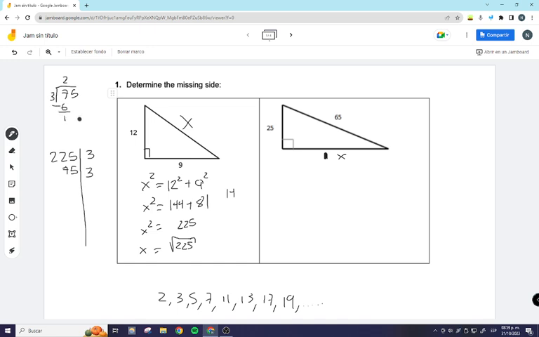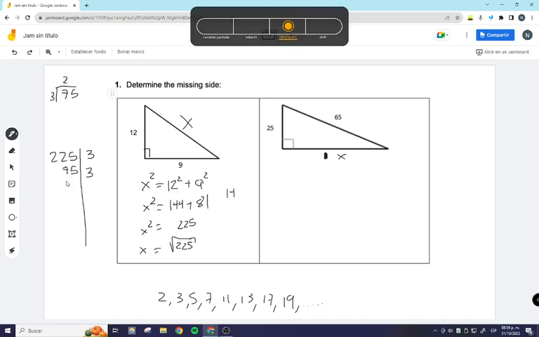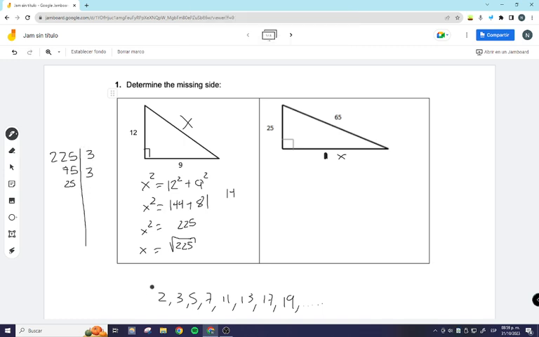And then you subtract it, you get 1. You drop down the 5, and it fits exactly 5 times. So it's 25. Yeah, and 25 cannot be divided by 3 anymore.